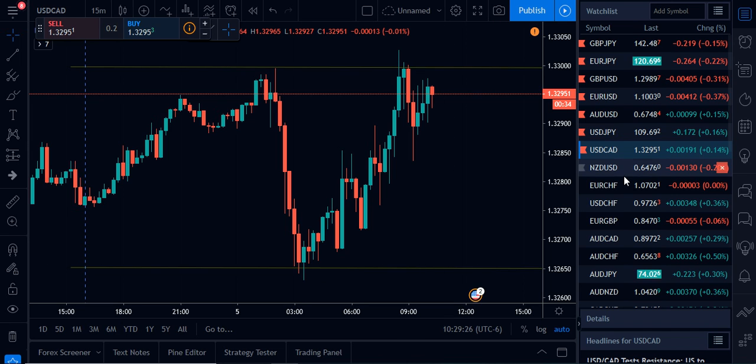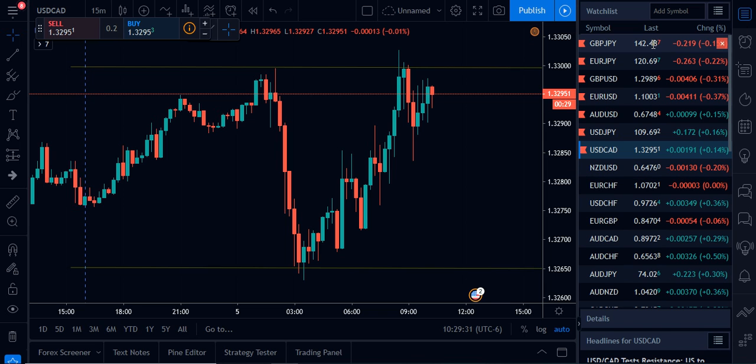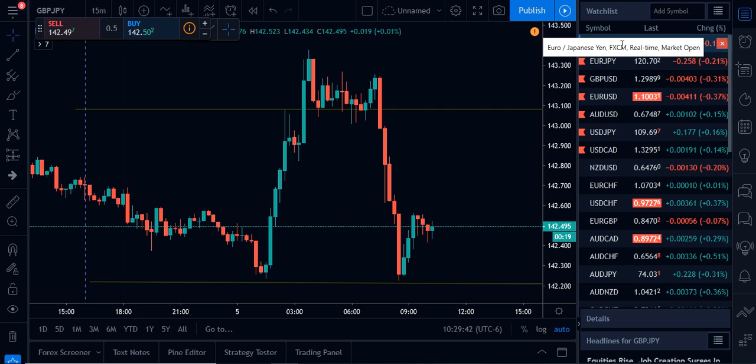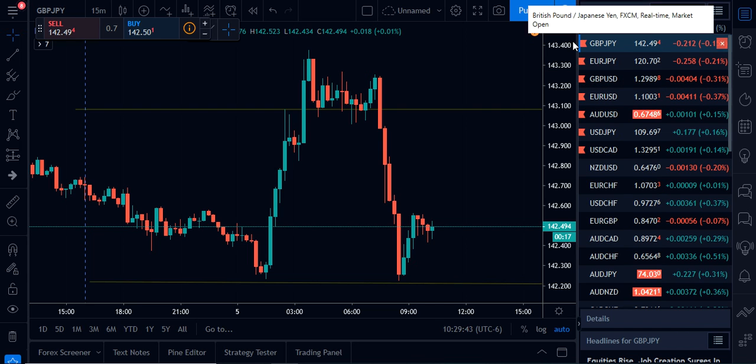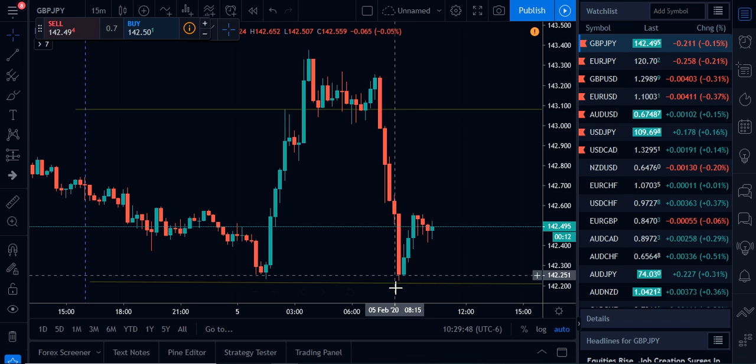I will explain it. We'll go back to the very first one, which was the GBP against JPY. We will be trading with these 1, 2, 3, 4, 5, 6, 7 pairs. But I picked this one because it kind of fit the whole thing that we'll be talking about.